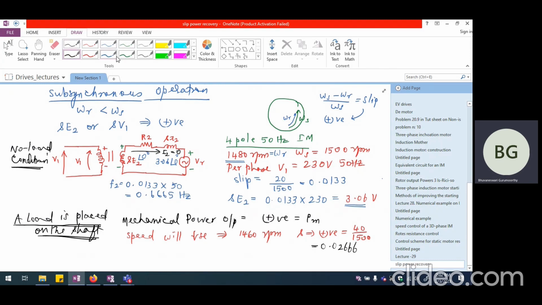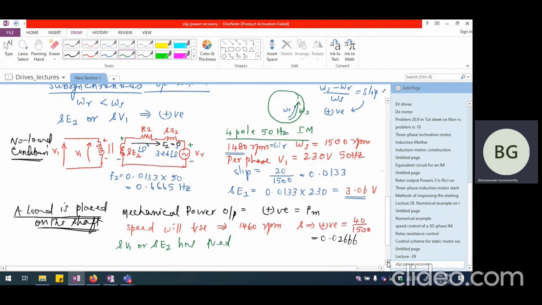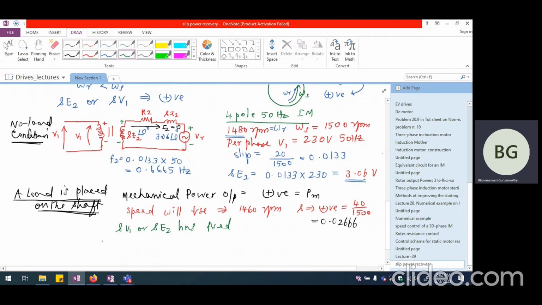So now S times V1 or S times E2 has increased. So if S times E2 increases, now we are going to see that S times E2 has become double the value of whatever we had got. So about 6 volts or 6.12 volts are going to come up right across this with positive here and negative here.